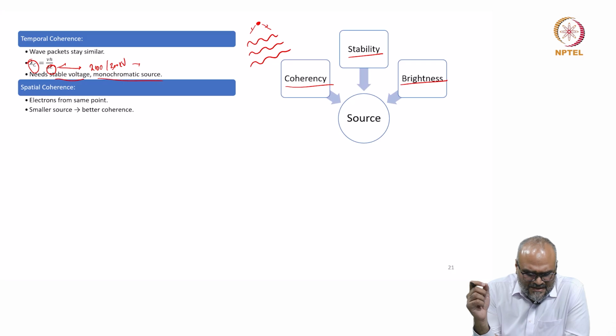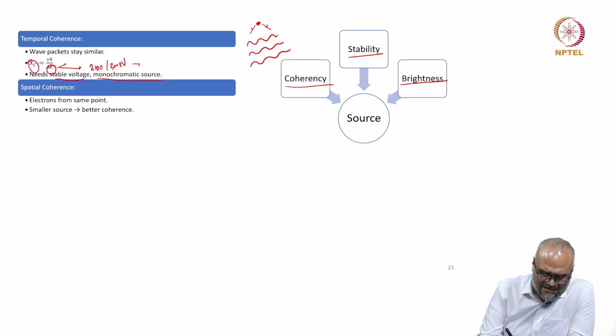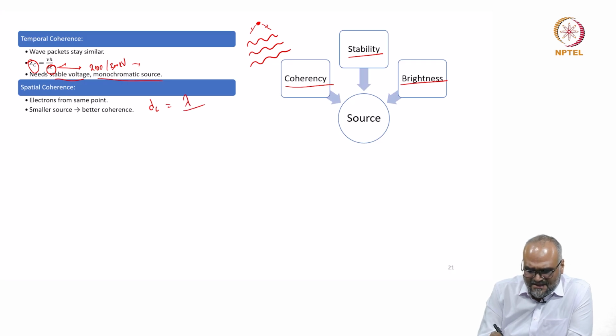The second parameter is the spatial coherence. How can I define the spatial coherency? Let us say I have electrons of a wavelength lambda, and they are spread over a solid angle alpha.